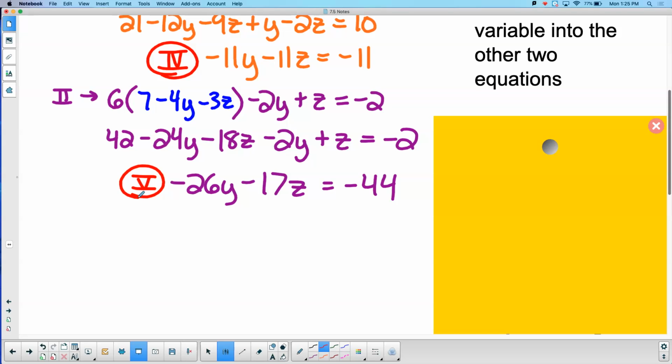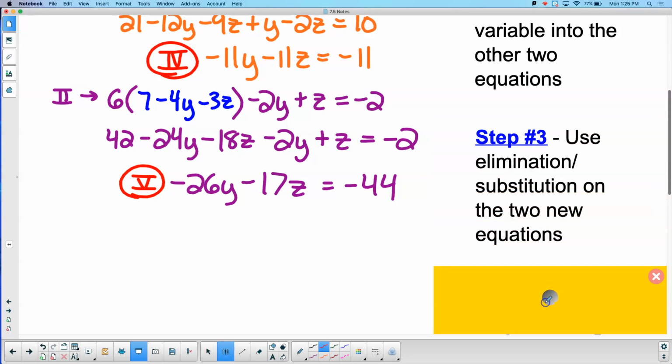Okay. Next, we're going to use elimination or substitution, or if you really wanted to, you could graph our two new equations, equations 4 and 5. So, what would you like to use? Substitution or elimination? Well, you're looking at equations 4 and 5.